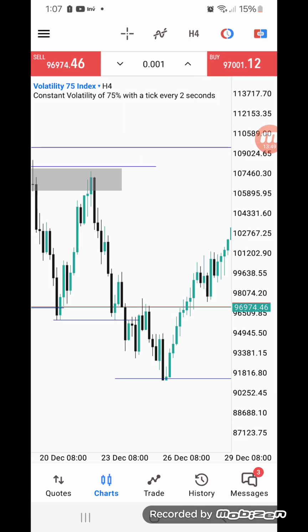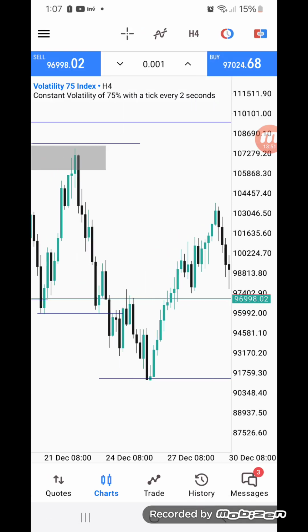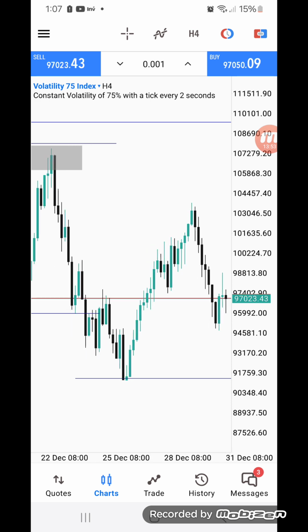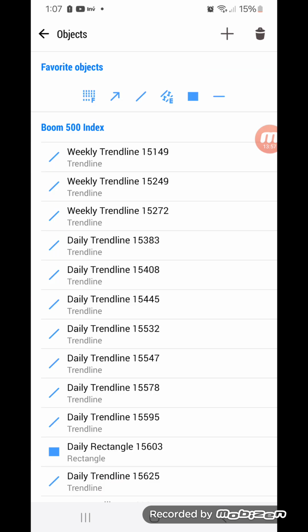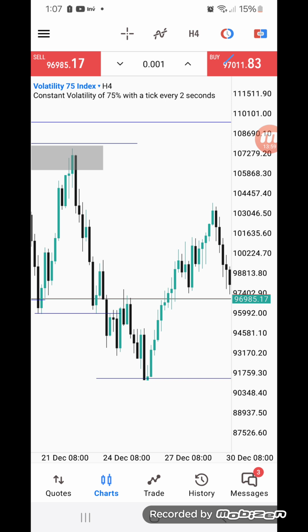That's our break of structure, and after giving us that break of structure, it went back to the range, and as it went back to the range, it went taking all those liquidities. You can see there is a raid there. There was some form of liquidity or break of structure around that area.